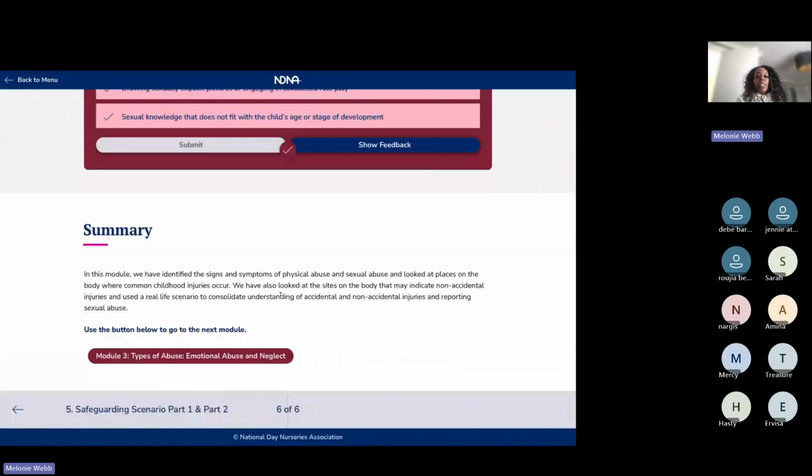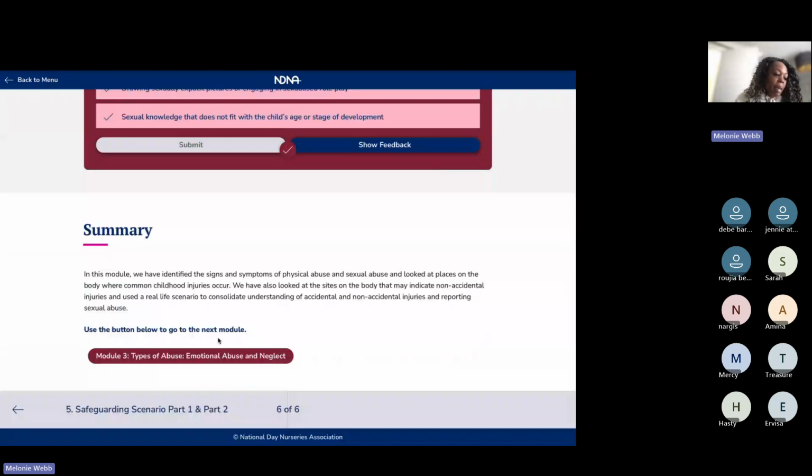So we've identified the signs and symptoms of physical and sexual abuse and looked at the places on the body where common childhood injuries occur. We've also looked at sites on the body that might indicate non-accidental injuries and used real-life scenarios to consolidate understanding of accidental and non-accidental injuries and reporting sexual abuse.